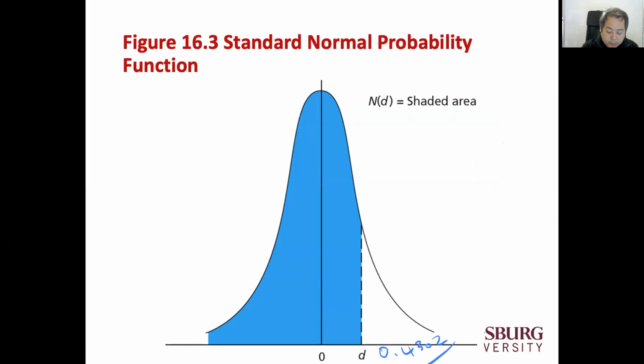And this probability, this shaded area, will be N(d1). And 0.1802 is like this, right? So this smaller area is N(d2). So that's what we want to know.